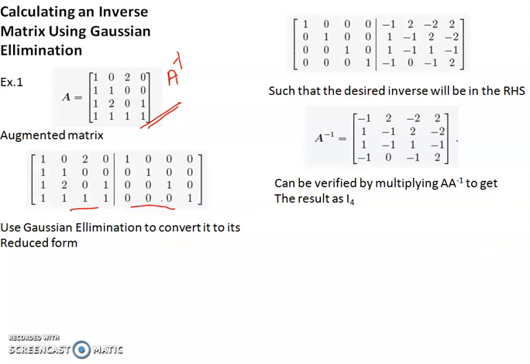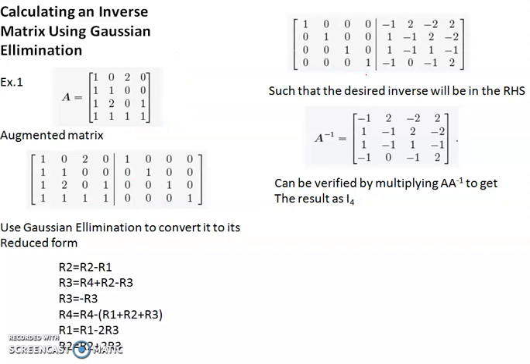The size of the identity matrix will be the same as that of the matrix given in the question. Then you need to perform Gaussian elimination in order to convert the whole matrix into a reduced form. This is the result obtained after reduction.